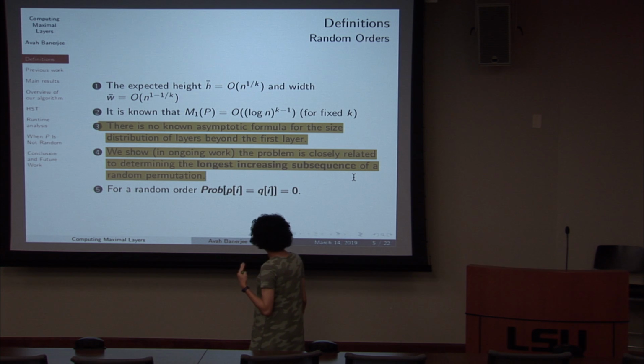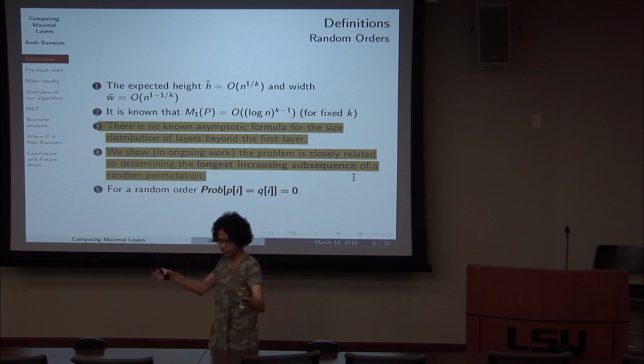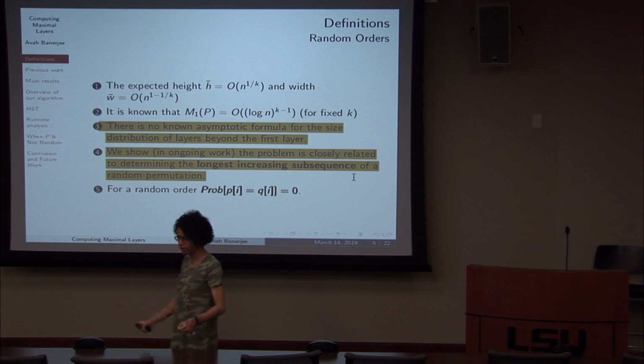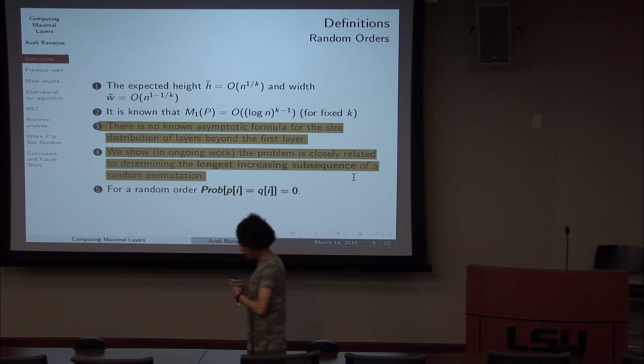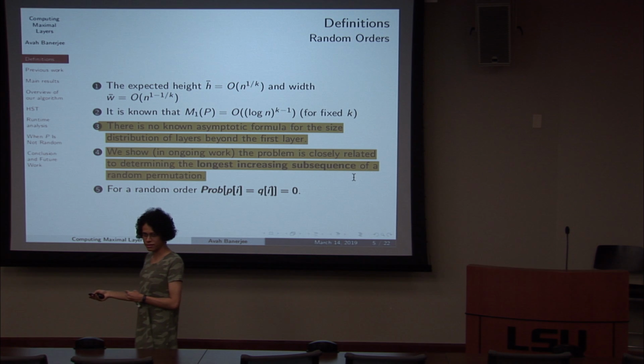Okay, and the size of the first layer, we discussed this, right? The first layer cannot be empty. And the expected size of the first layer is a polylogarithmic term, log n to the power of k minus 1. So you see that the first layer is quite substantial if the number of dimensions k is quite large.